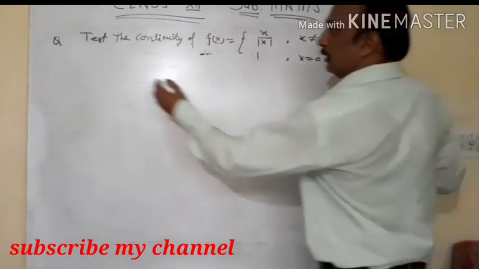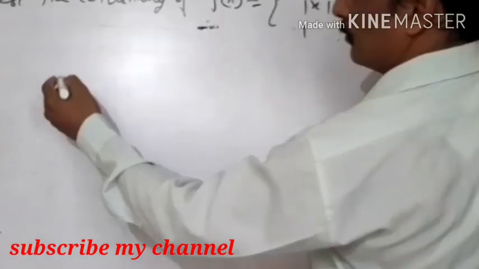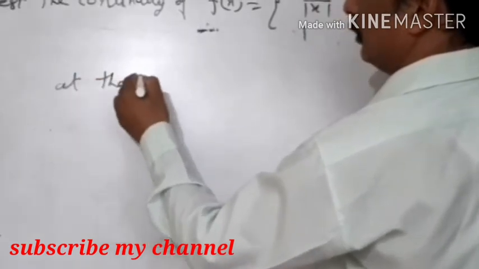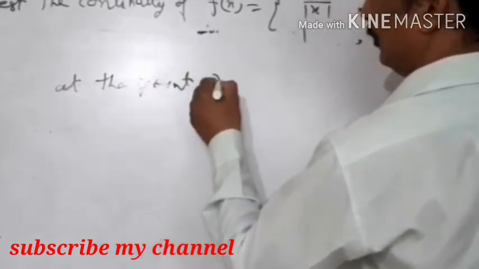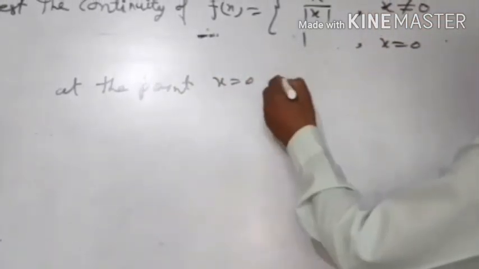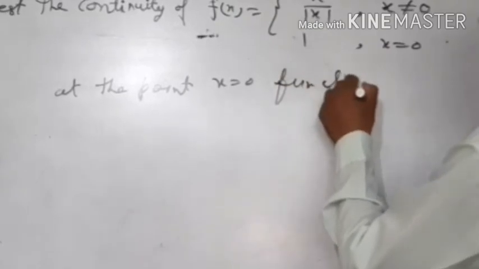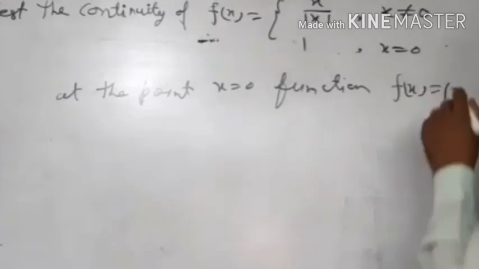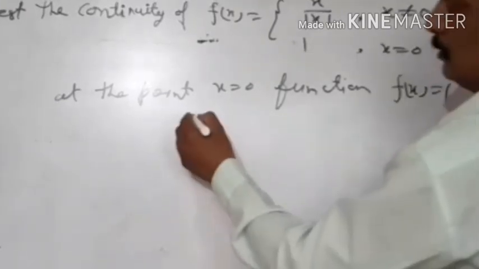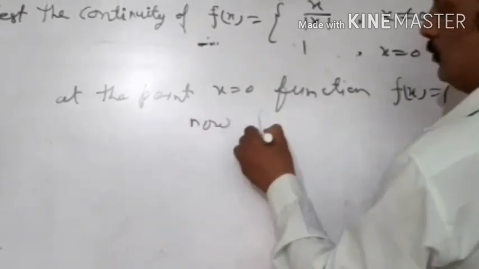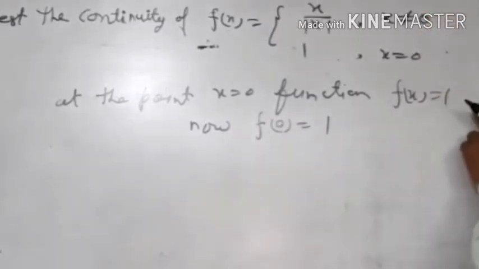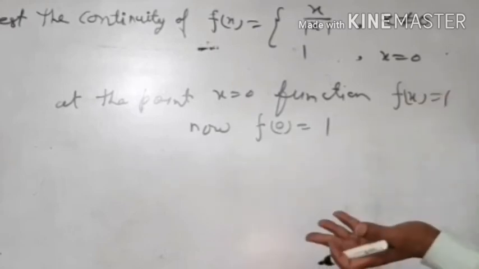Okay? Here at the point x is equal to 0, function f(x) is equal to 1. Okay? Now f(0) is equal to 1 because here there is no x term.